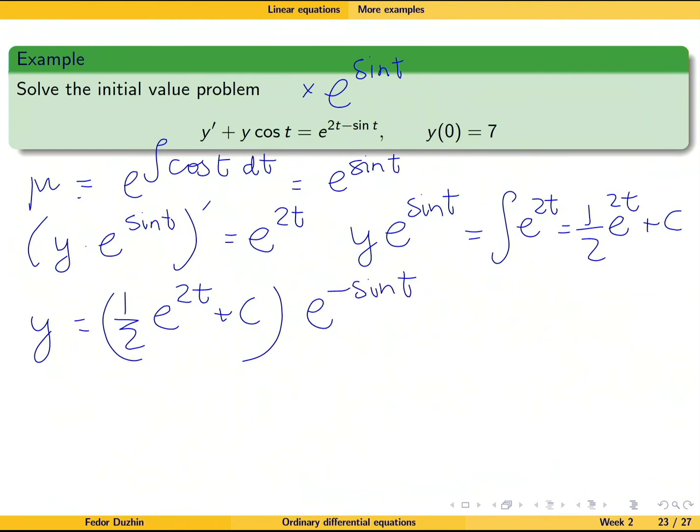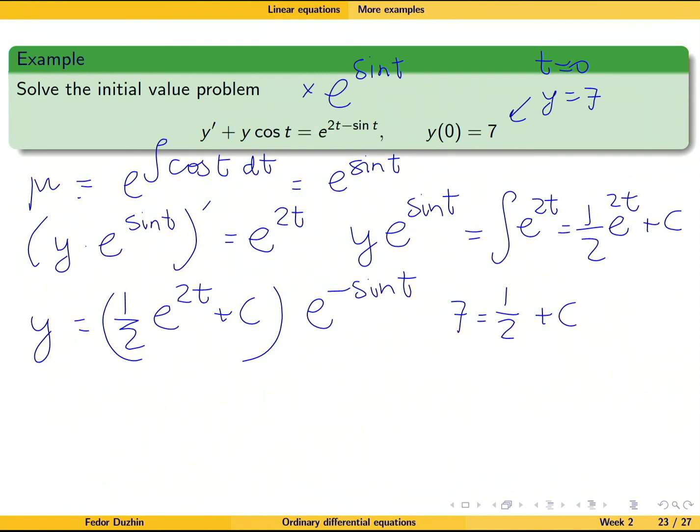And the question is to find the constant. From the initial condition, we know that the initial value of t is 0 and the initial value of y is 7. So substituting, 7 equals 1/2 e to the 0, which is 1, plus c, and then e to the minus sine 0 is again 1.